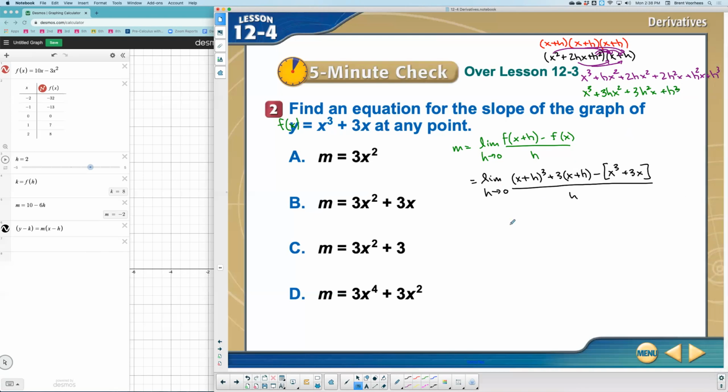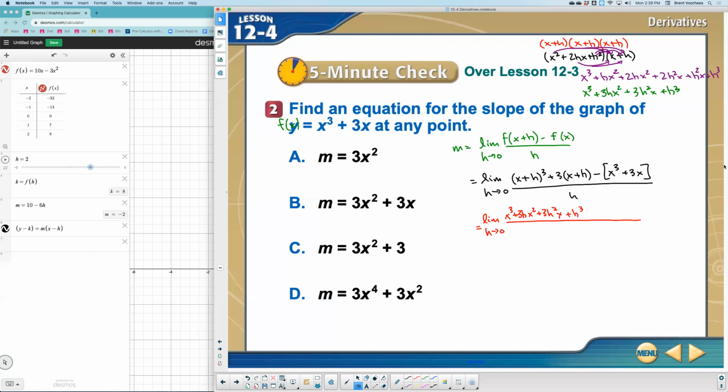All right, with all that, let's go write that in. So we simplified the front end here, and I have x cubed plus 3hx squared plus 3h squared x. You having fun yet? Plus h cubed.